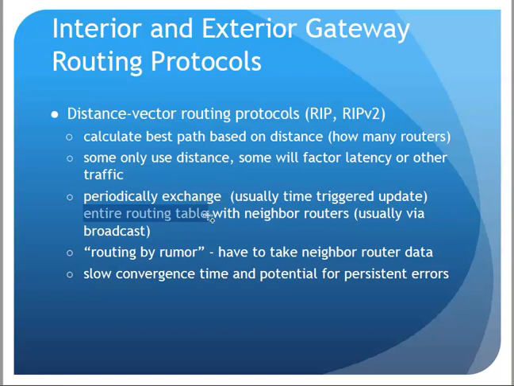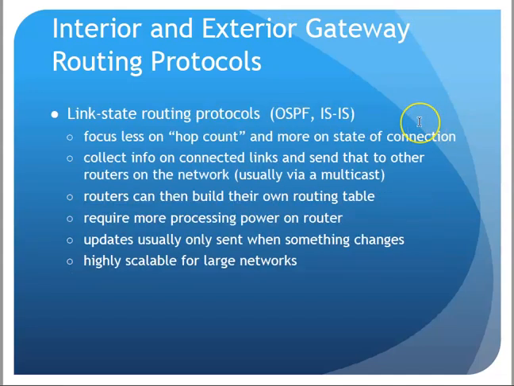It'll pick that information up, add it to its table, turn around, then broadcast its table out, and so forth. So they tend to call this routing by rumor, because you're literally just taking your neighbor router's word for it. Okay, those are the networks you got. Okay, great, and then on to the next one. Okay, that's what you got. Great, on to the next one. Distance vectors tend to be very slow to converge, and have the potential for persistent errors.